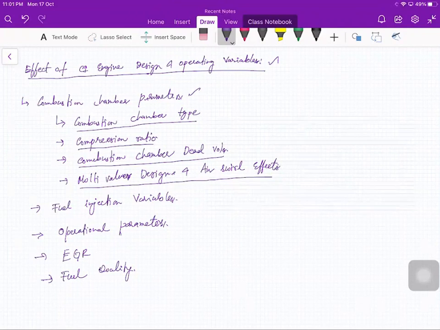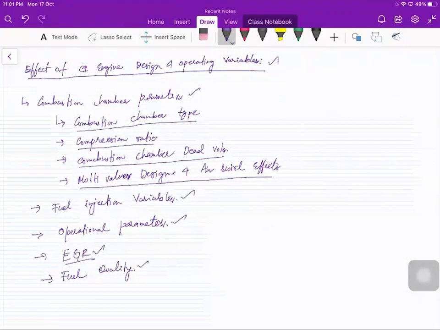The second is the fuel injection variables. The third one is operational parameters, EGR, which we have already discussed in SI engine. And then finally, fuel quality. We'll see the first type, that is combustion chamber type.